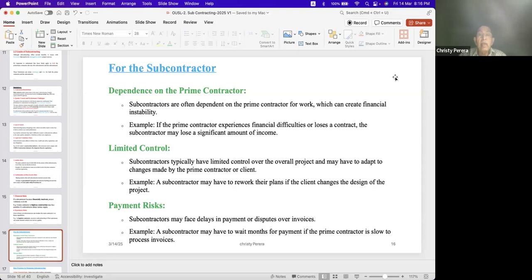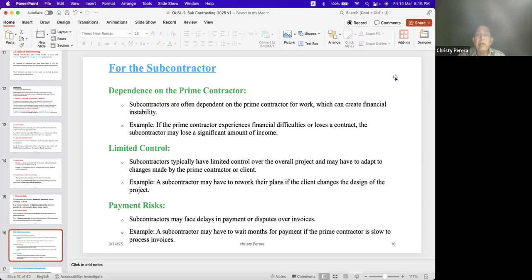The subcontractor is under limited control, not much, right, over the overall project, the prime contractor or the client. So they have very limited control on that.